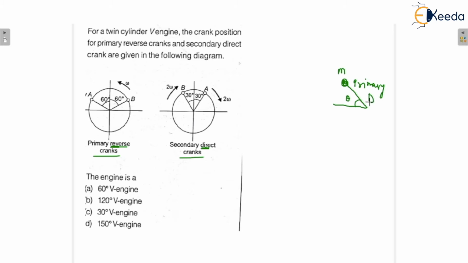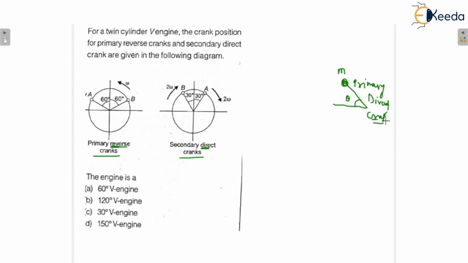If we are able to find out the position of the primary direct crank, then we can say whether this is a 60 degree V engine, 120 degree, 30 degree, or whatever. So we need to calculate the position of the primary direct crank. Whatever the position of the primary direct crank, that would be the angle of the engine.